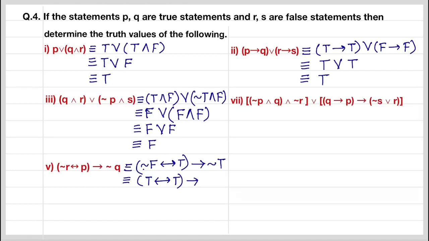T implies, double implies T. Again negation of T is F. T double implies T is equivalent to T. T implies F. And we know for implication, if the first statement is true and the second statement is false, then it is false.